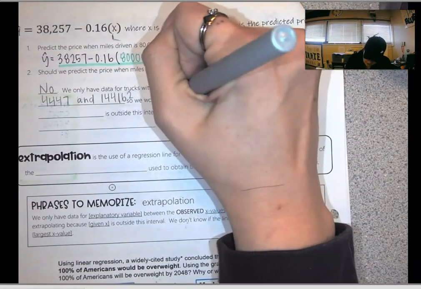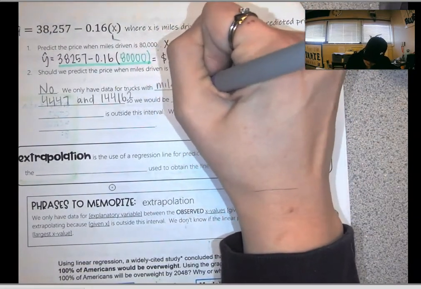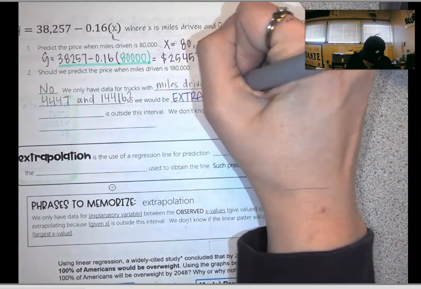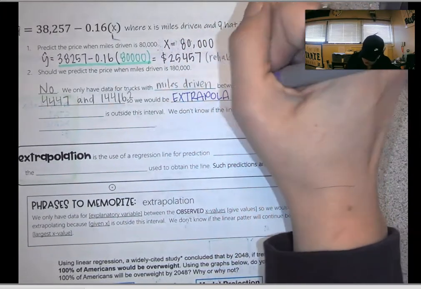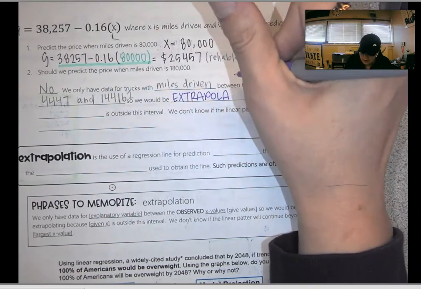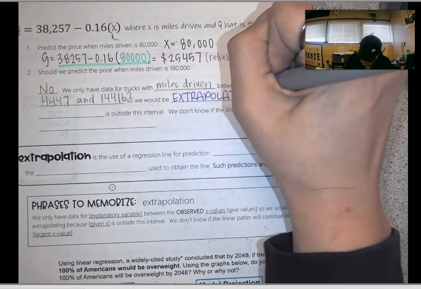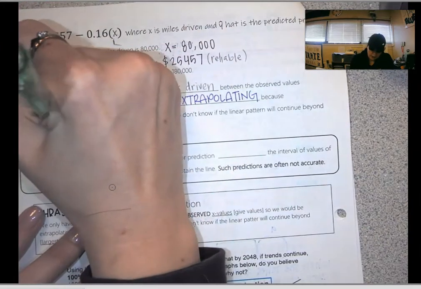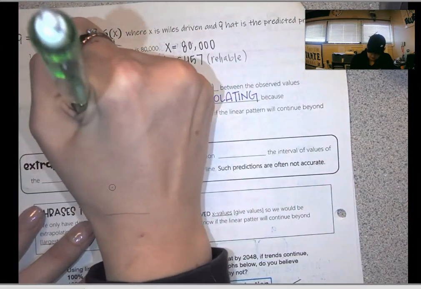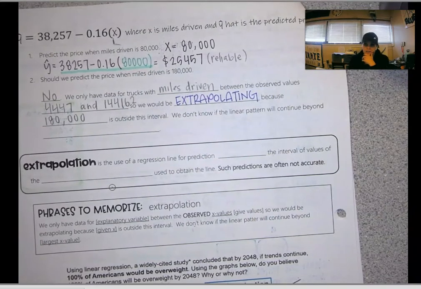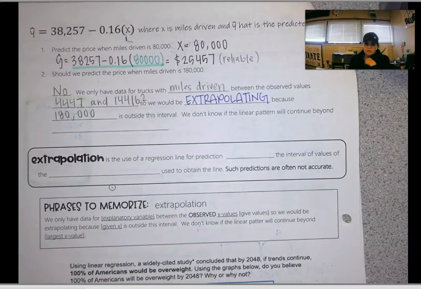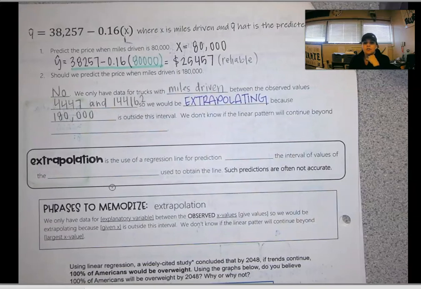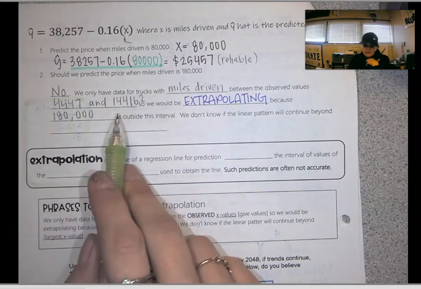We would be extrapolating. If you're at home, you should practice saying that word. Extrapolation or extrapolate. We would be extrapolating because 180,000 is outside of the interval we listed. So no, we only have data for trucks with miles driven between the observed values, and then I give the values.